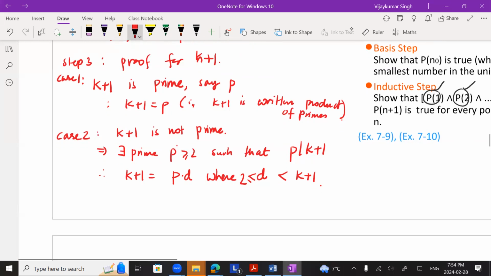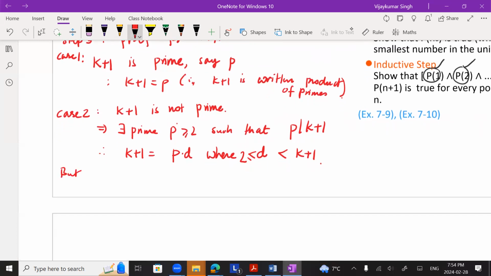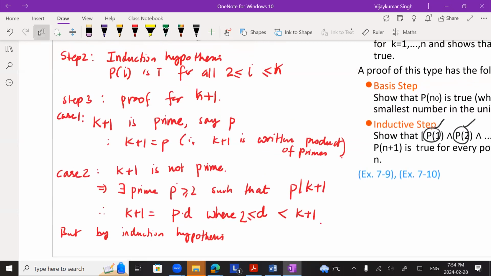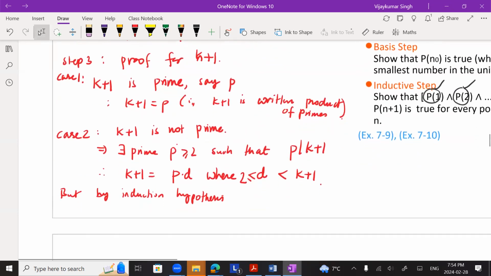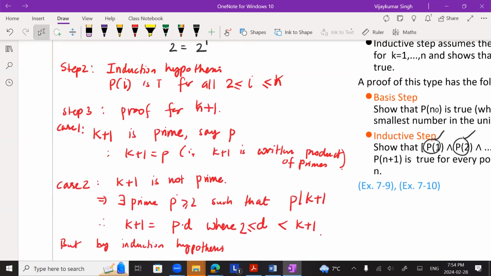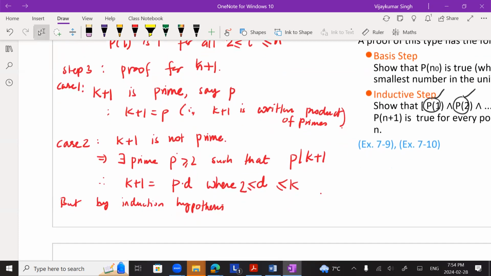Now, d lies in the range of the induction hypothesis, so it is true for d. Or if you want to make it look like that, d is less than k plus 1, which is the same as saying d is in that range. So by the induction hypothesis, d is a product of powers of primes.